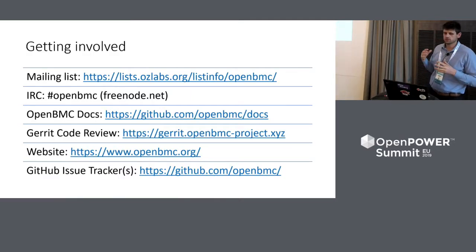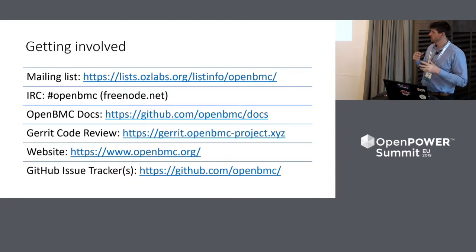Getting involved, the first link is to the mailing list. It's a great place to stay up on OpenBMC, great place to ask questions. We also have an IRC channel. Encourage you, if you've got a quick question or two, to jump in on there. The third link is to the OpenBMC documents repository.